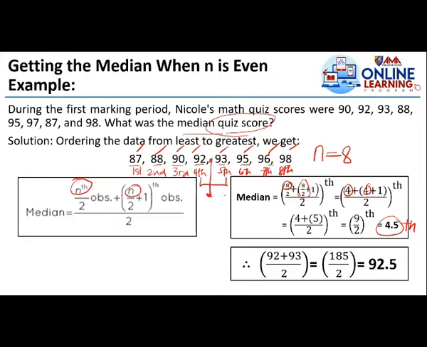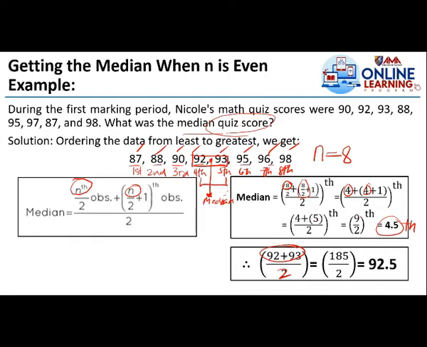Yan yung median. Ang problema, alam natin ang position, hindi natin alam ang value, kasi it's not 92 or 93. So, all you need to do is kunin yung affected na digits, kung saan nag-lie yung position ng median, i-add mo siya, then divide by 2. Kasi you get the average or the mean.